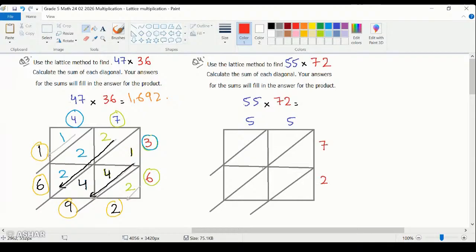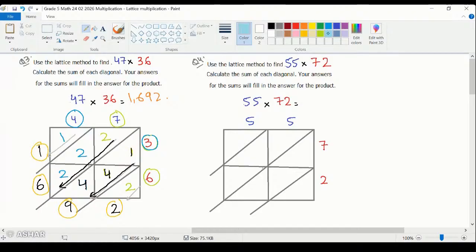Do we agree? Becca, do we agree on this? The numbers that we need to multiply, we write down those two numbers separately, 55 and 72.